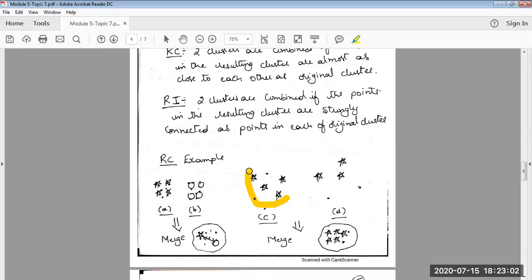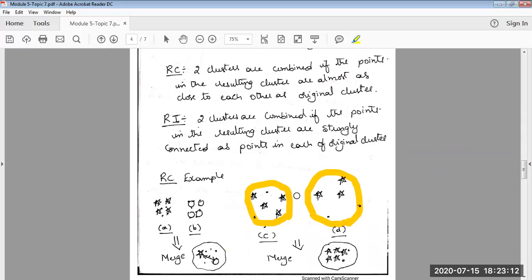You can see C and D. Okay, you can see cluster C and D. Now, if I merge C and D, will it satisfy the definition of relative closeness? Yes, definitely. Cluster C is having asterisk, D is also having asterisk. After doing the merger, whatever outcome you are obtaining, this is the outcome.